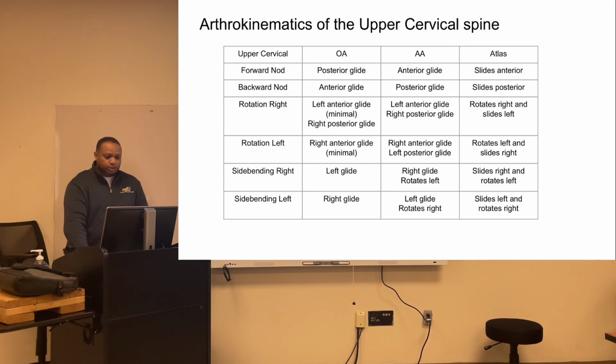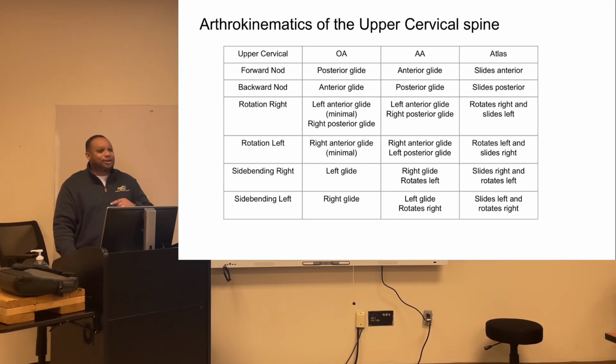All right, so with the backwards nod, you have the occipital condyles gliding anteriorly. All right, they have to glide anteriorly in order for that to occur. Why in the world do they glide anteriorly? What is dictating that? The convex on concave rule.